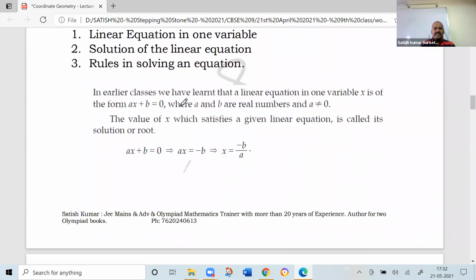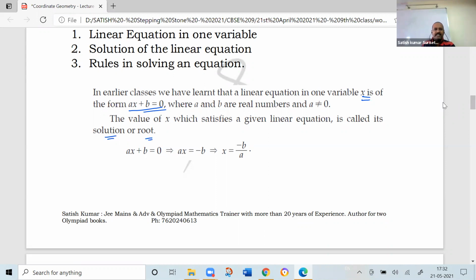In earlier classes, we have learned that a linear equation in one variable x is of the form ax plus b equal to 0, where a and b are real numbers and a not equal to 0. The value of x which satisfies the given linear equation is called its solution or root.